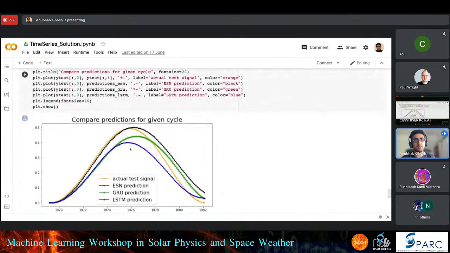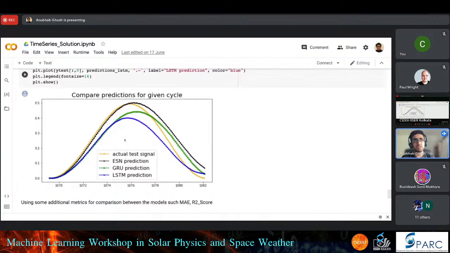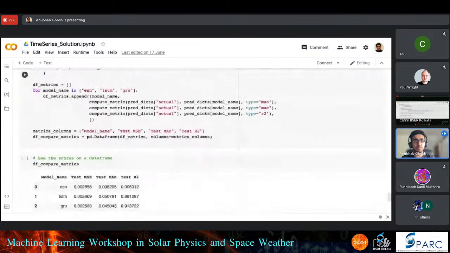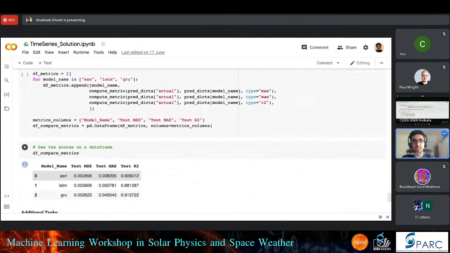And then finally, you can compare all the predictions that you had using the ESN, the GRU, and the LSTM. As you can see, the ESN actually does quite a decent job compared to them. And then you can have some additional metrics for comparing test MSEs. Here also you can see that in the test MSE, perhaps GRU performs better. LSTM is not so good because it doesn't map so much on the edges.